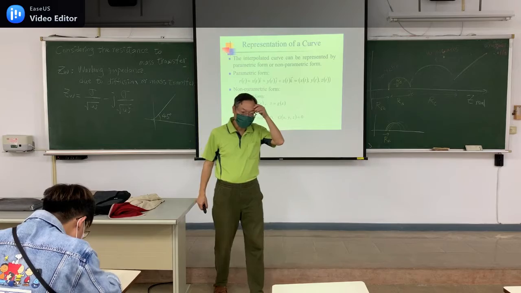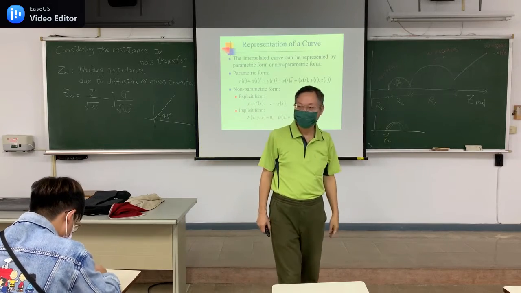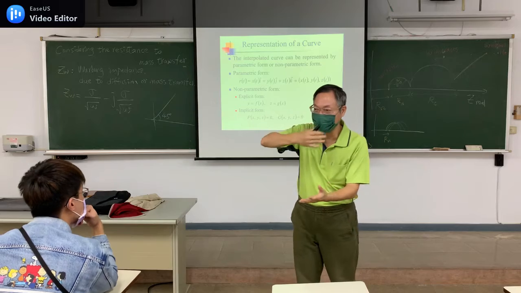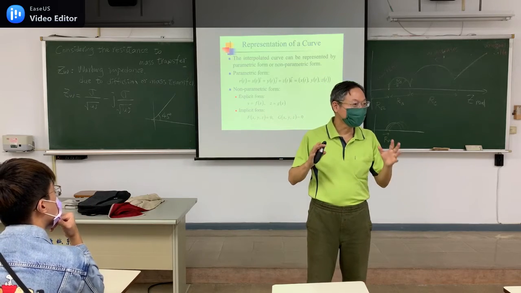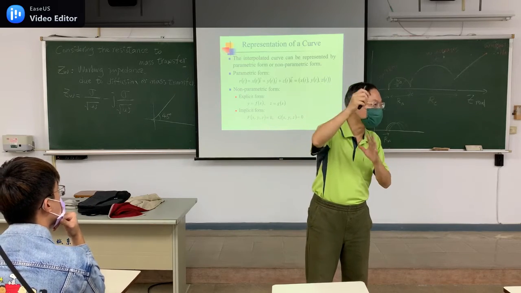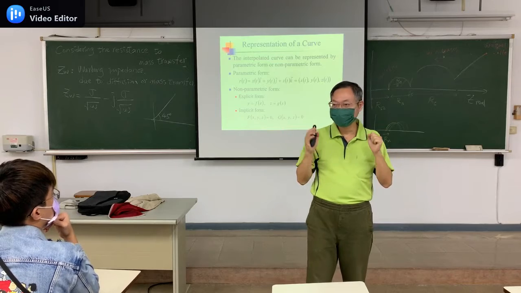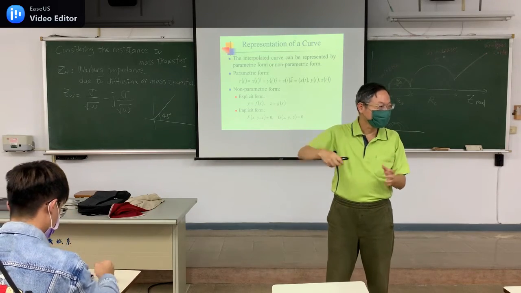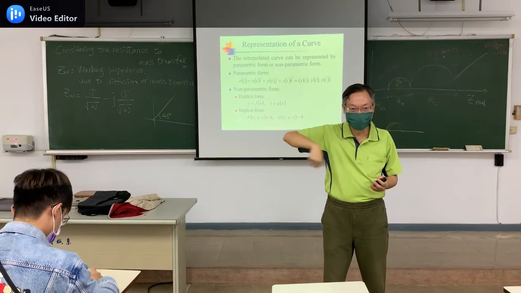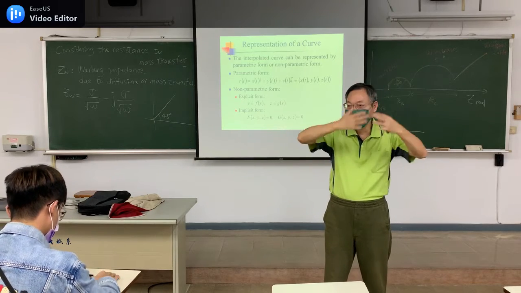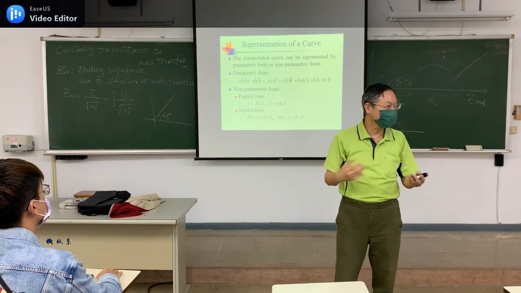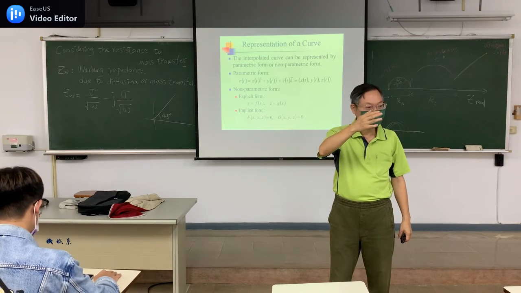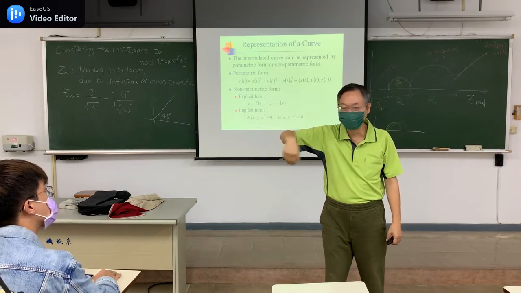So, first of all, how to represent a curve? As I said, the first step is that we need to be able to describe the object we want to do the machining. Because the machine can only do curve by curve, so that it can form a surface and so on, we need to tell the machine what curve it needs to follow.